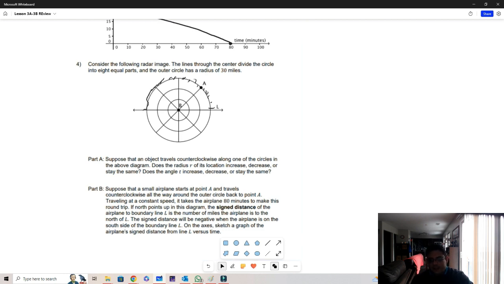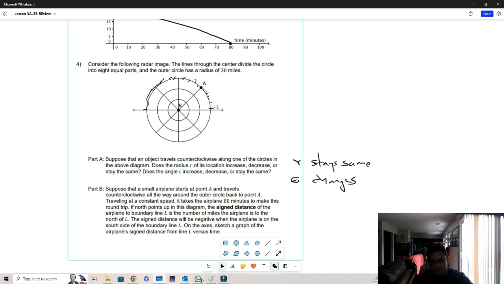So what is going on with that? Here, does the radius increase, decrease, or stay the same? What happens to the angle? Here is the opposite situation from before. Since we are not changing the circle, the r stays the same, but theta changes. When we're moving along the circle, we're changing the angle of the position.